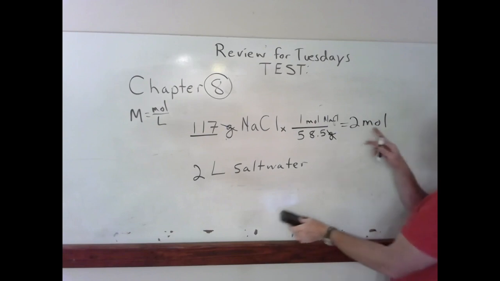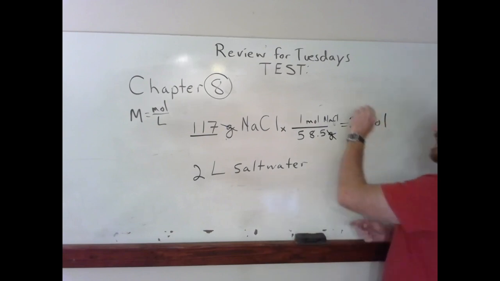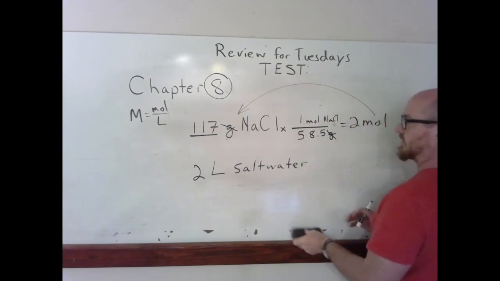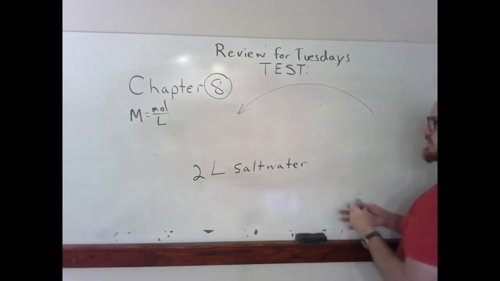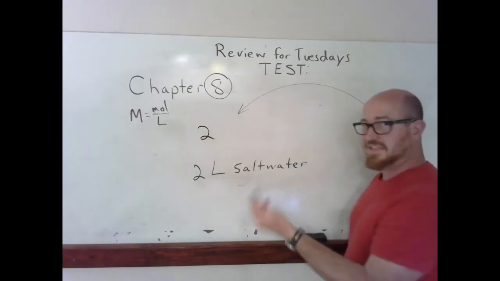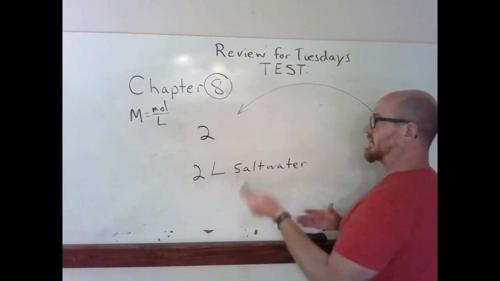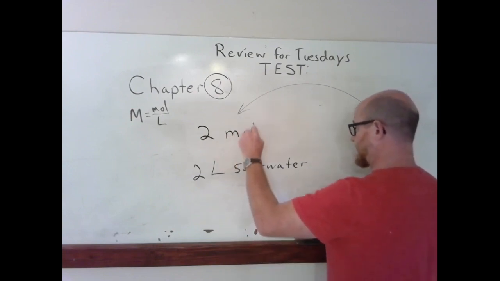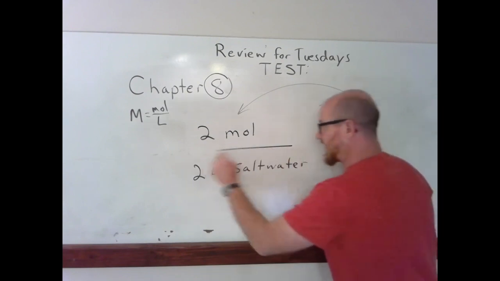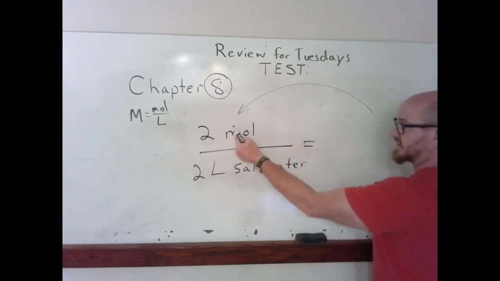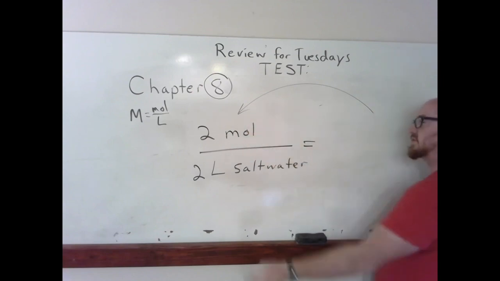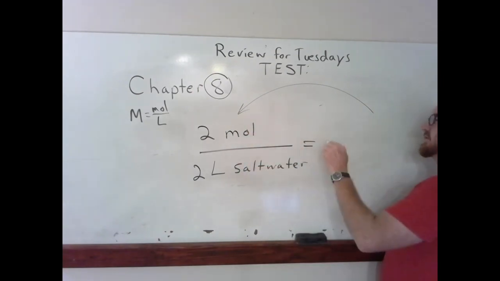So now we take our answer here, we plug it back in. I've got from 117 grams of salt that we started with, it's really only 2 moles of salt. I divide that, and since I've cut this in half from the first 4 moles, I now have 2 over 2, which is 1 molarity.